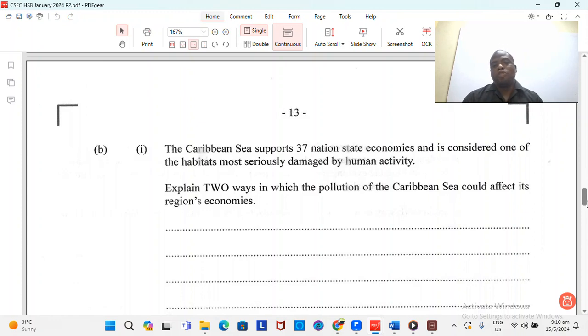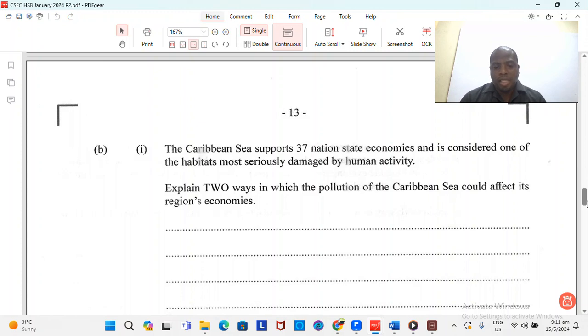So it says explain two ways in which the pollution of the Caribbean Sea could affect its region's economies. Now, I tell students, once you see that word economy, you automatically think money.